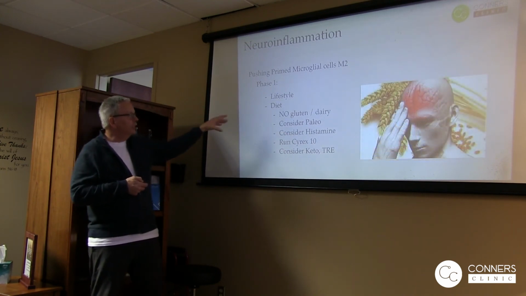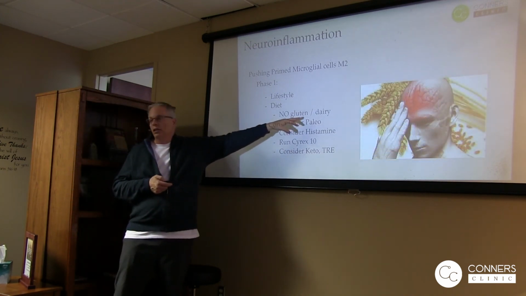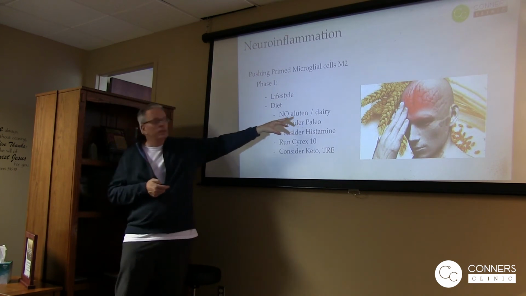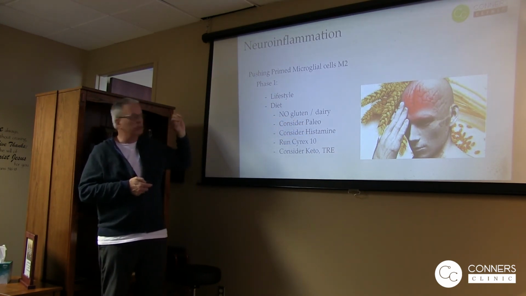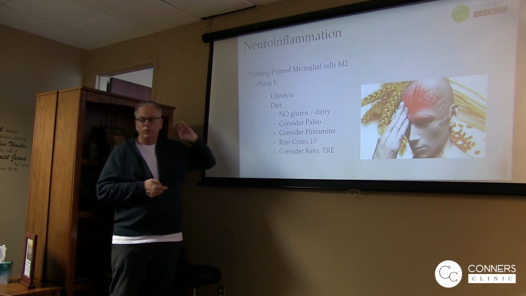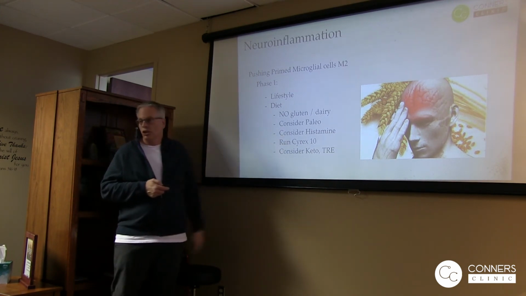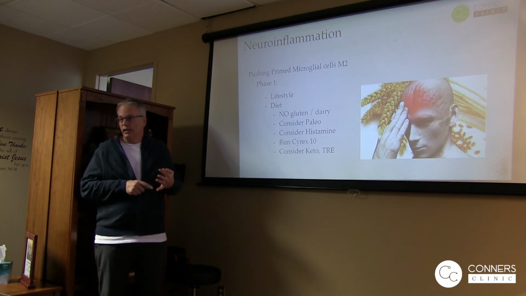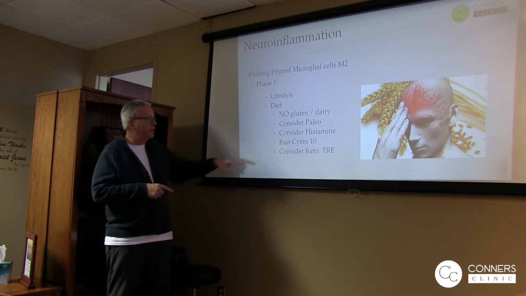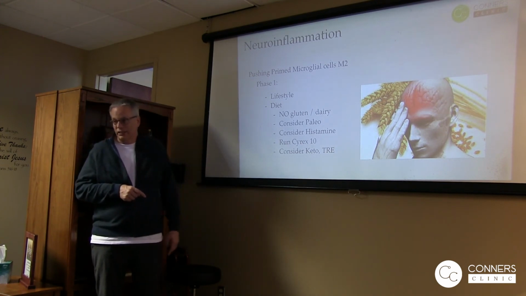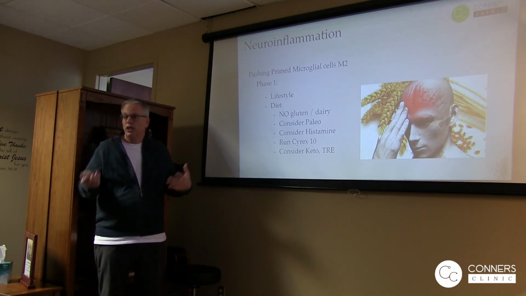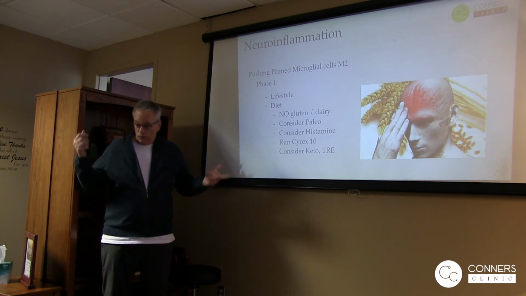Then you could go into diet: no gluten and dairy. You guys probably all know how hyper-inflammatory those are to the brain. Consider having them go paleo. Consider looking at histamine. If you do genetics, look at all the histamine genes. Run Cyrex 10 for food sensitivities. If they've got antibodies to different foods and they're eating those foods, what happens?